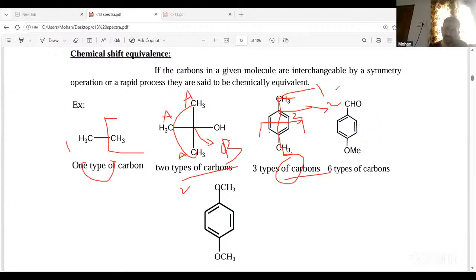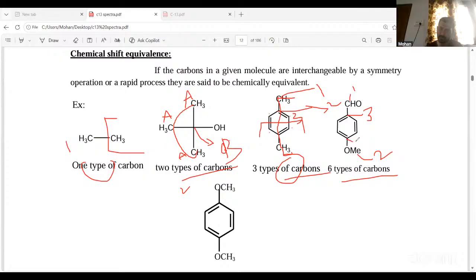And this para-methoxybenzaldehyde. How many types of carbons are there generally? There are six types of carbons, so you get six signals for this. Here the aldehyde carbon is one. It is not symmetrical. This methoxy carbon is two here, and the ipso carbon is three.